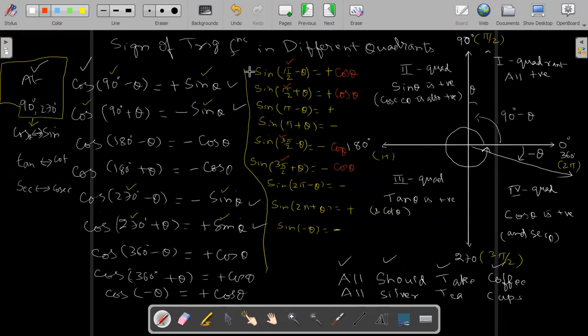All other values remain the same. This will be plus sine theta, this will be minus sine theta, and so on for 360 minus theta and 270 plus theta. Okay, understood?